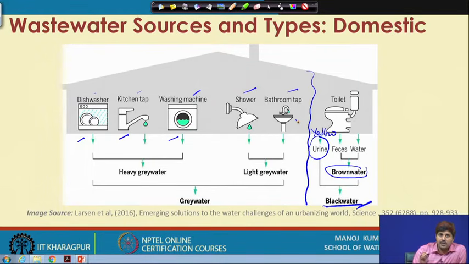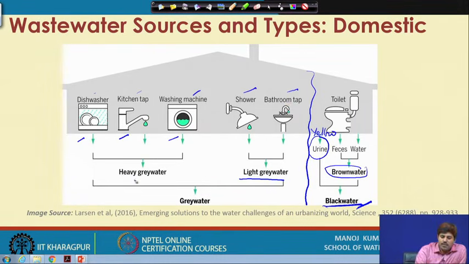So, the level of contamination is pretty light in the shower and bathroom taps, and that is why it is called light grey water. The other part, washing machine, kitchen tap and dishwasher, also does not have a lot of harmful things. There would be some organic contamination in the kitchen tap, but the washing machines and dishwasher primarily have some phosphate, soap or detergent kind of pollution, which is far less than black water but higher than the water coming from the shower or bathroom tap.